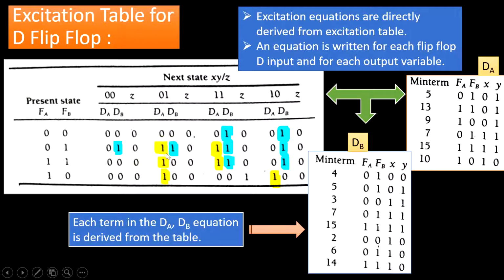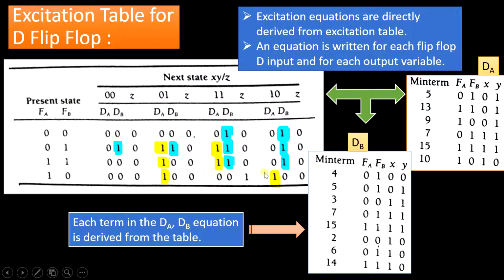Because I am looking for DA, the first minterm that I have here is 0, 1, 0, 1, which is equivalent to minterm 5. 1, 1, 0, 1 is equivalent to minterm 13. 1, 0, 0, 1 is equivalent to minterm 9. 0, 1, 1, 1 is equal to minterm 7 and 1, 1, 1, 1 is equal to minterm 15.